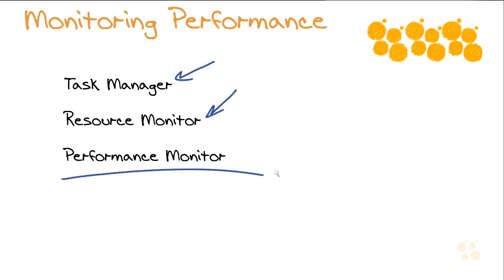If we are interested in really taking a baseline of key performance information regarding our system during a given point in time, or if we're interested in running like a powerful set of system diagnostics that we can check, that would be a job for Performance Monitor. In a certification environment, please be aware of the subtle differences, or not so subtle differences in the case of Performance Monitor, when it comes to these three different tools.